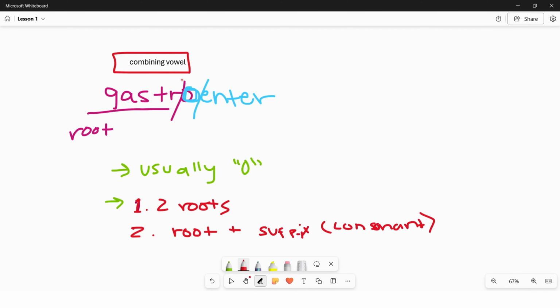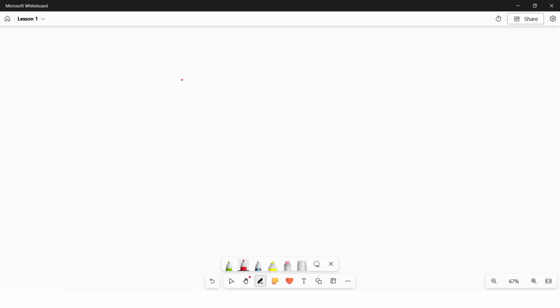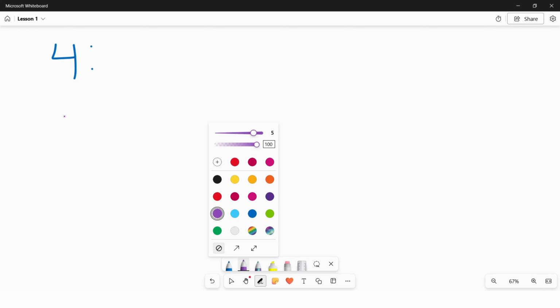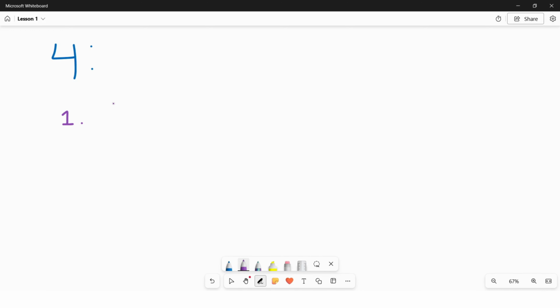Now, let's talk about the ways you can make a medical term. There are 4 ways to make a medical term, so 4 is the magical number. The first way is probably the most recognized one, and you can say prefix, and you can have your root, and then you can have a suffix.